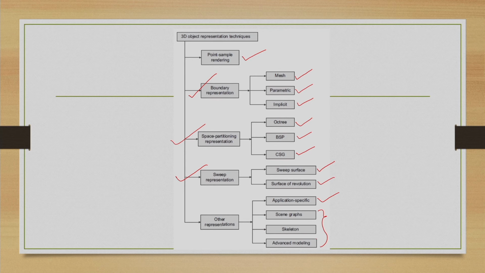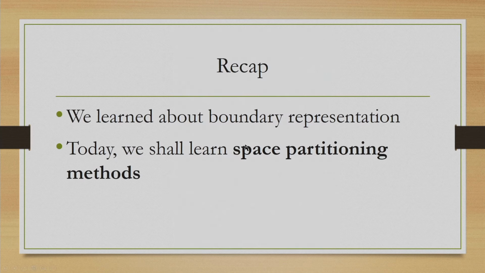And we have got some idea on various representation techniques in our previous lectures. Today we are going to discuss in detail the space partitioning technique for representing objects, including its sub techniques. So, that will be the topic of our discussion today: space partitioning methods.